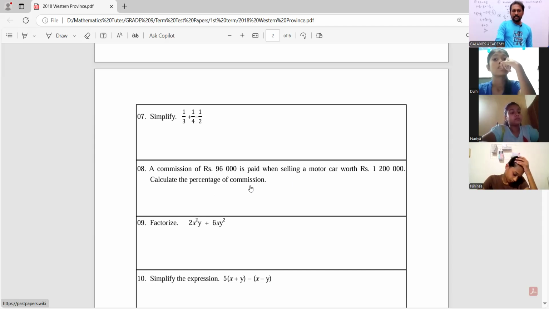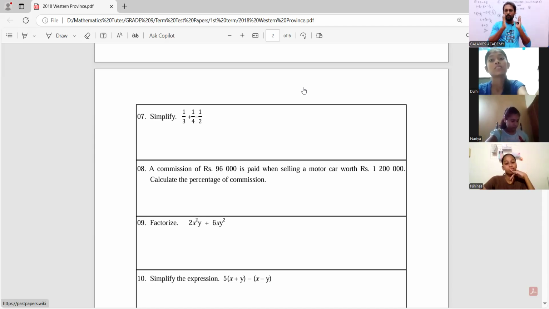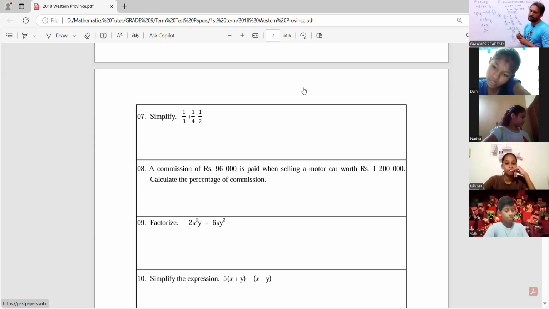Calculate the percentage of commission. How can you find the commission percentage? First, you have to write the fraction. The numerator should be the commission value, and the denominator should be the selling price. Then you have to multiply the fraction by 100%.